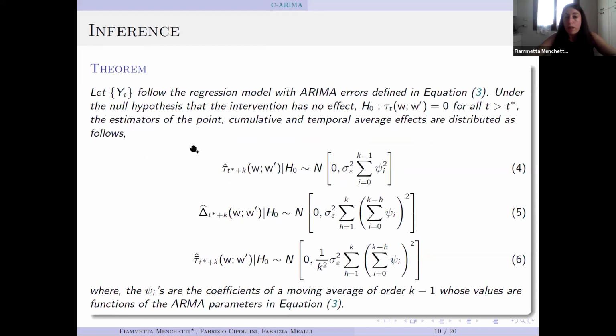We can also show that under the model specification defined by equation 3 and under the null hypothesis that the intervention has no effect, those estimators are normally distributed with mean 0 and variance defined by these three equations, so that you can use the results of this theorem to perform inference on your estimated causal effects.